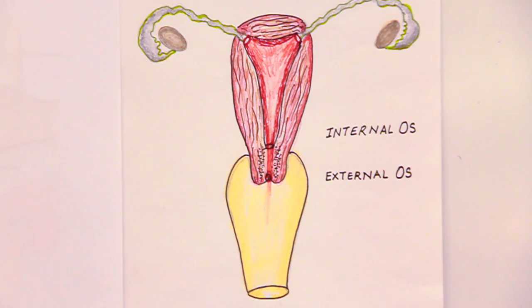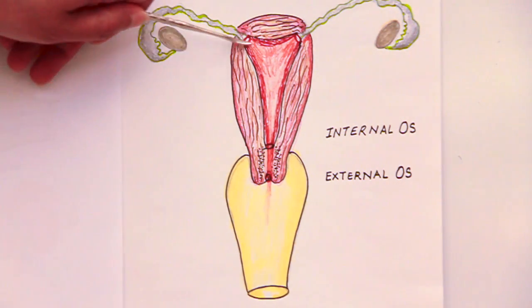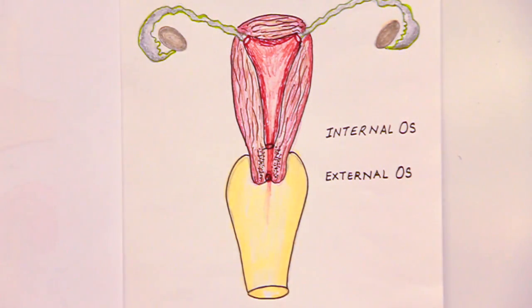This endometrium plays a very important role during pregnancy, and also, if I call it a function, it's been mentioned everywhere that the endometrium is the functional layer of the uterus.